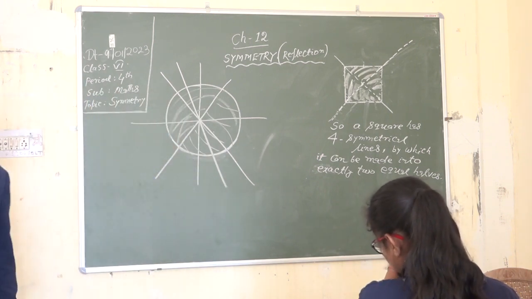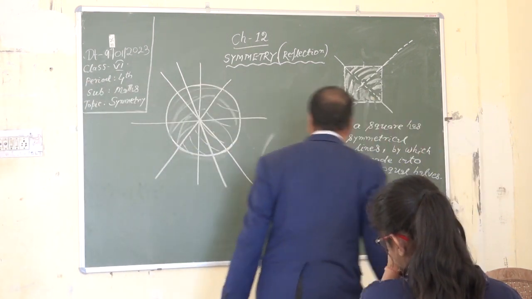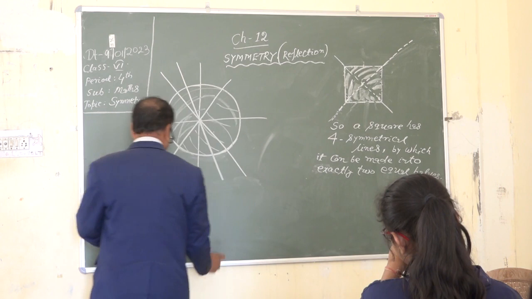So for a circle, infinite number of symmetrical lines.